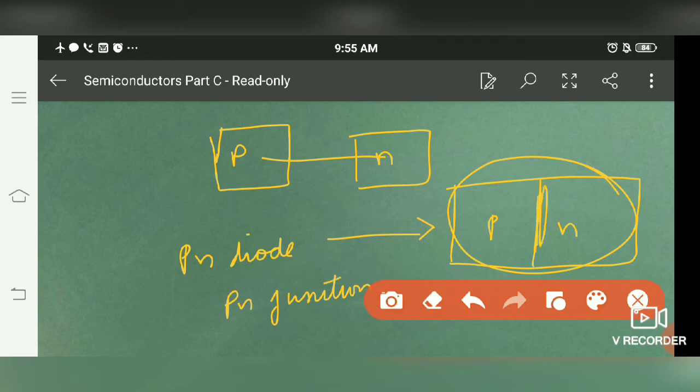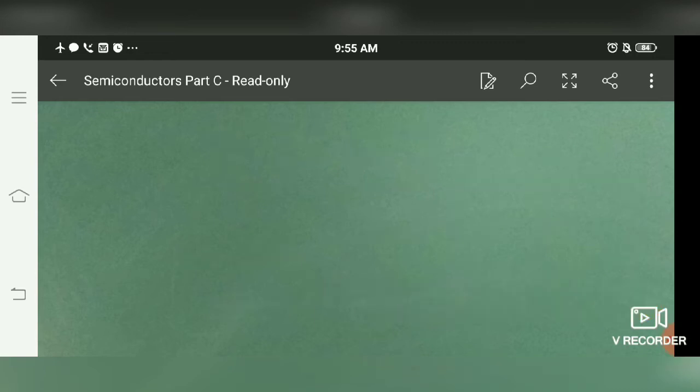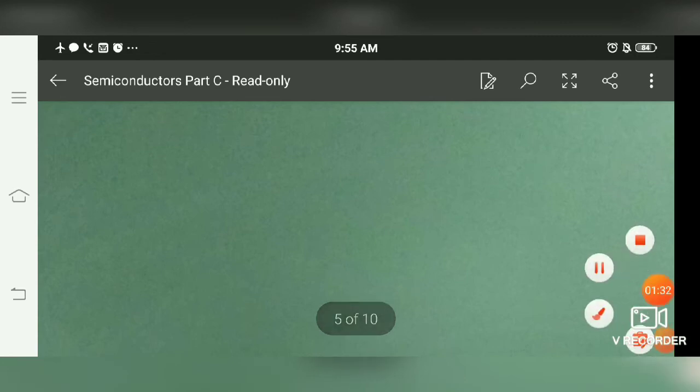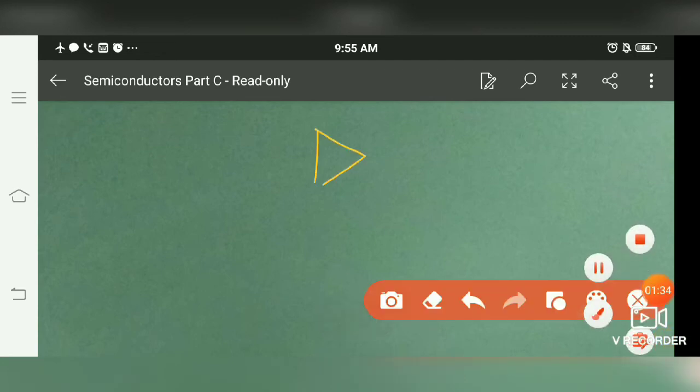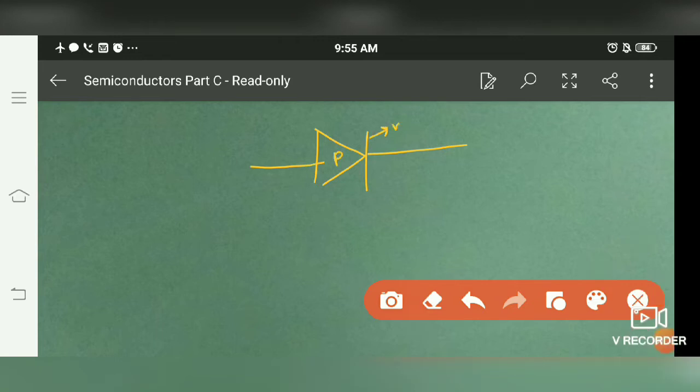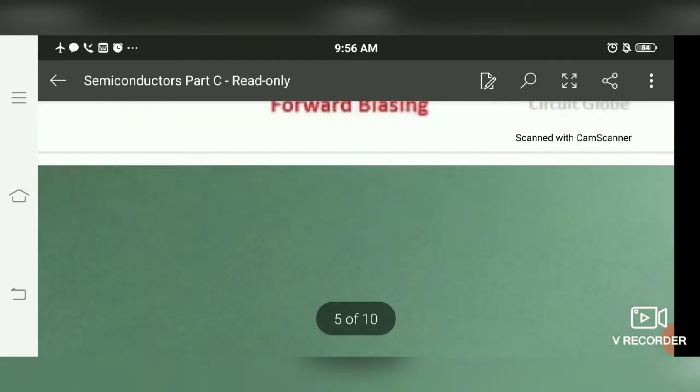This is the PN junction where they are actually meeting, and this is the symbol for the PN junction diode. This is representing P and this line is representing N.